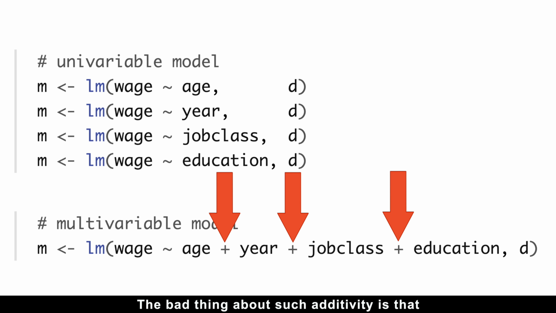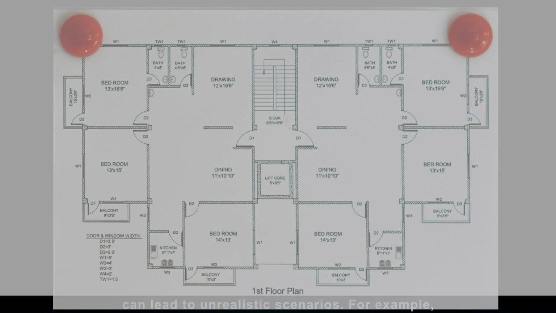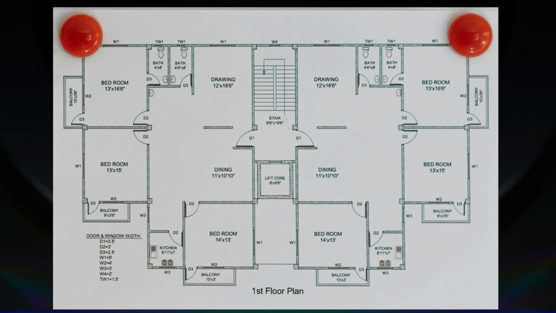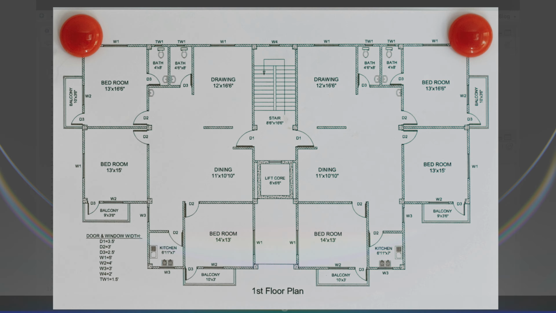But the bad thing about such additivity is that the interpretation ignores the joint collaboration of predictors. Namely, increasing one predictor but not changing another can lead to unrealistic scenarios. For example, increasing the number of rooms might be unrealistic without also increasing the size of a house.